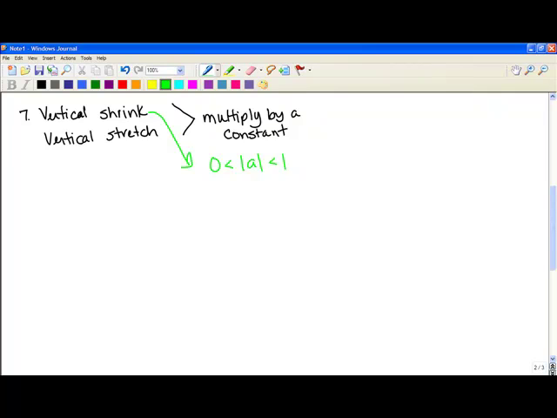And a vertical shrink will make the graph wider. Now, the vertical stretch will have a constant with the absolute value of it greater than 1. And the vertical stretch makes a graph more narrow.